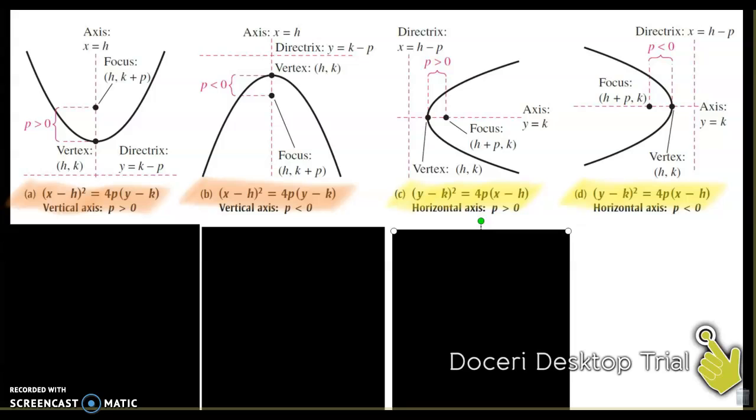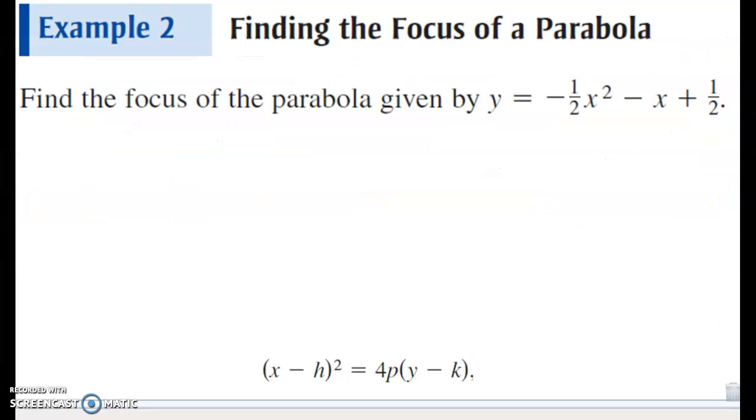If the square is with the y, then you're on the x-axis. Now, if the square is on the x, then you're dealing with the y-axis. It's going to open up or down or left or right. All right. So if you want to go ahead and just pause it so you can write this information down. All right. So let's look at our first example, which is the following equation.